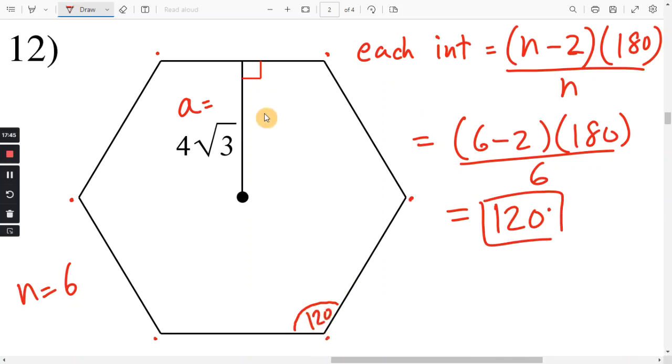So that means when we draw the radius, this angle is bisected or cut in half. So half of 120 is just going to be 60. If this is 90 and this is 60, what's this angle here? Well, that's just 30.